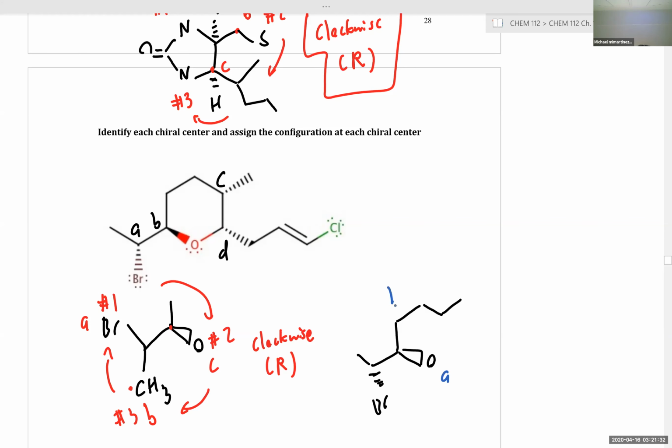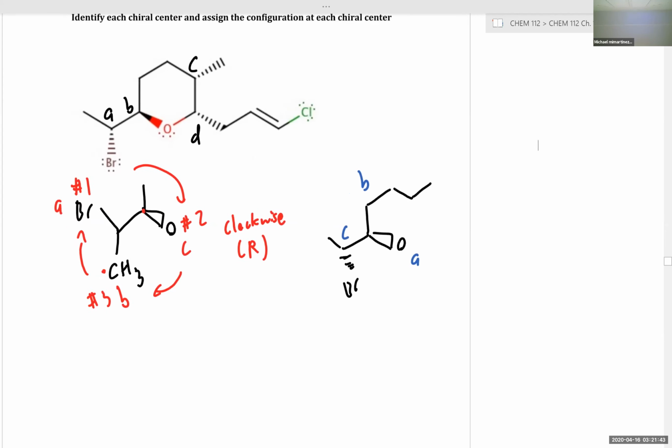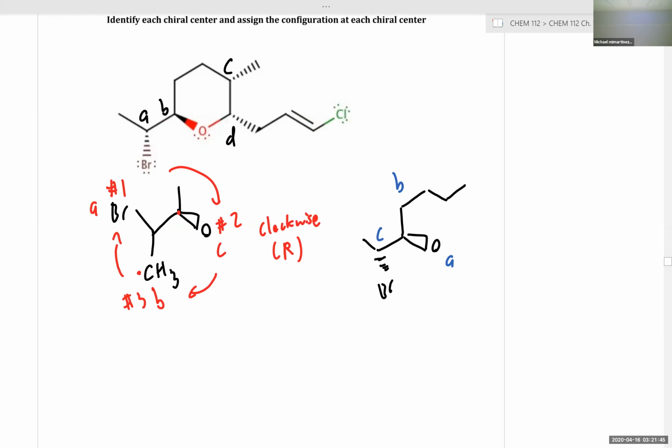So for A, B, C, which group gets priority number 1? Remember, we're focusing on the atom directly attached to our chiral center. So A gets priority 1.